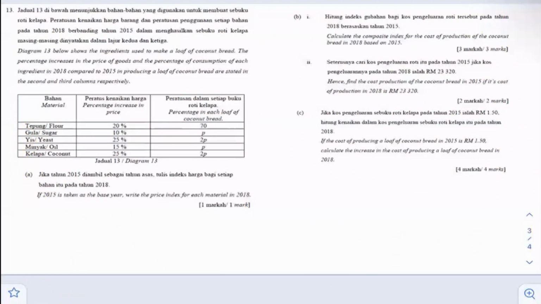Next, we have the ingredients for the coconut bread and the percentage increases in the price and the percentage of consumption of each ingredient. So we have this material and this is the percentage increase in price and this is the weightage. A, if 2015 is the base year, so 2015 is the Q naught, write the price index for each material in 2018.